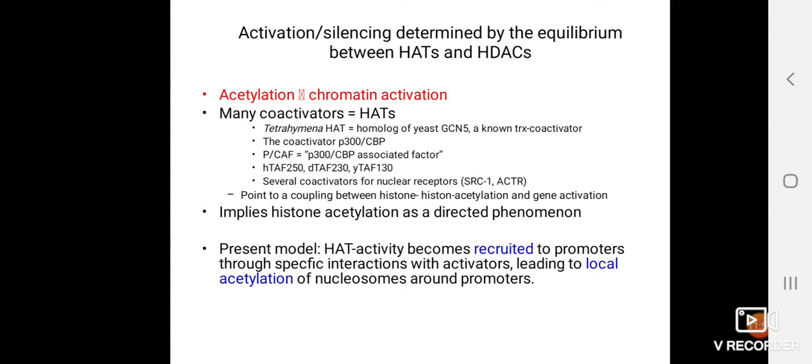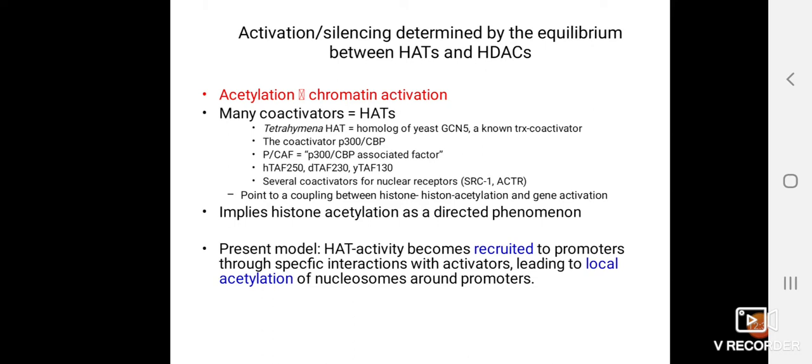Activation or silencing of a particular gene is decided between HAT and HDAC, because the equilibrium between these two in terms of their activity and histone acetylation decides whether a gene is going to be more accessible and more active in transcription, or less accessible and less transcribed. So acetylation is linked with chromatin activation in terms of transcription.